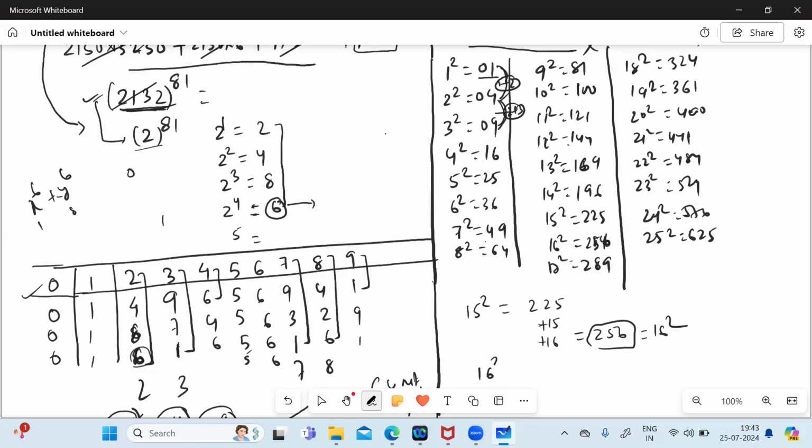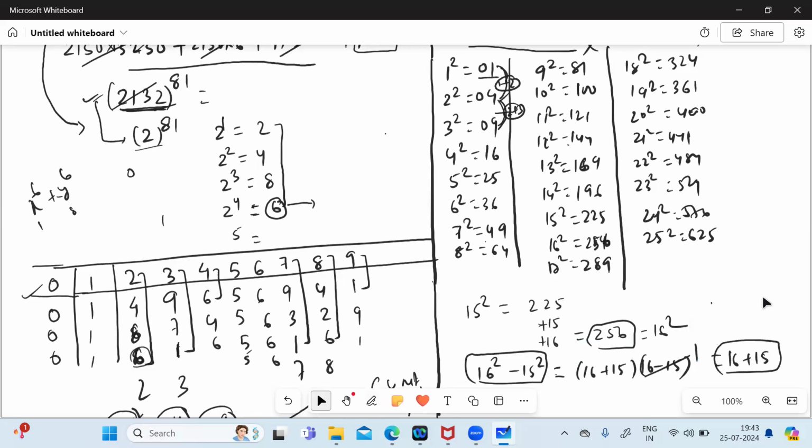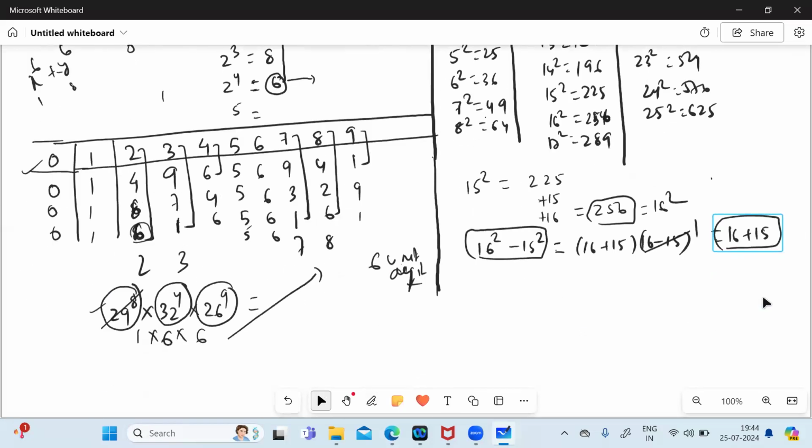If I do 16 square minus 15 square, what will I get? It is 16 plus 15 and 16 minus 15. 16 minus 15 is 1. So ultimately, the difference of these two squares will be the addition of these two numbers. Okay. So this is the one thing which I wanted to tell you from the table.